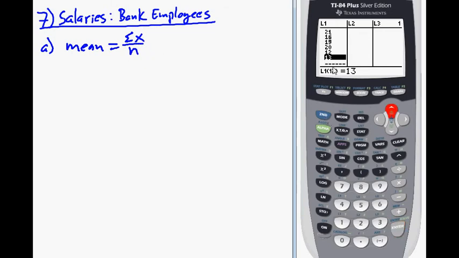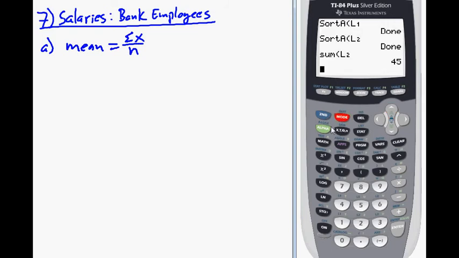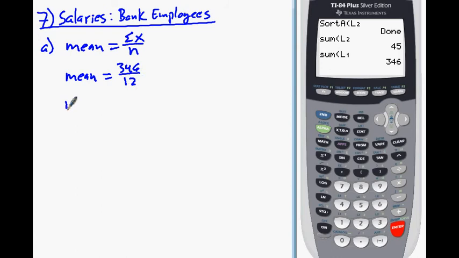Clearly there are 12 data points. We can take the sum of L1, and we have the mean is 346 over 12.